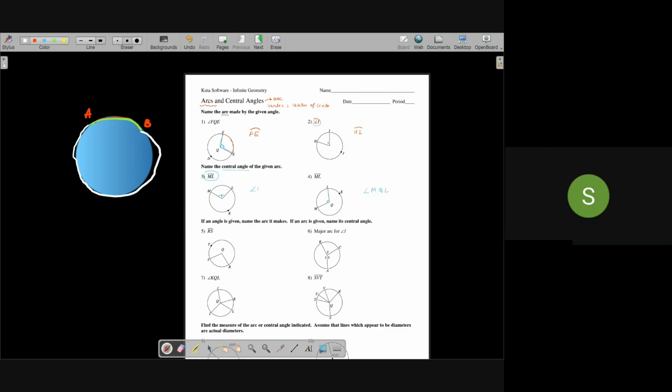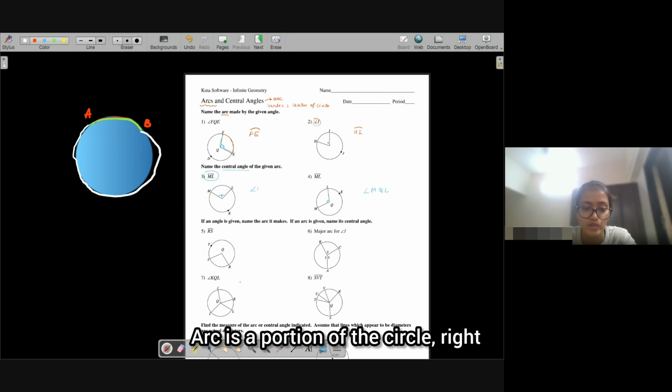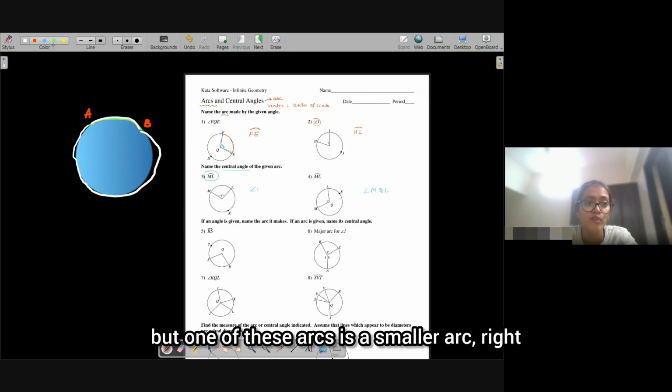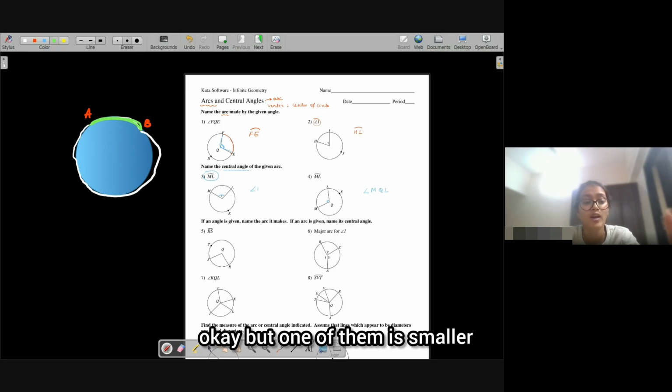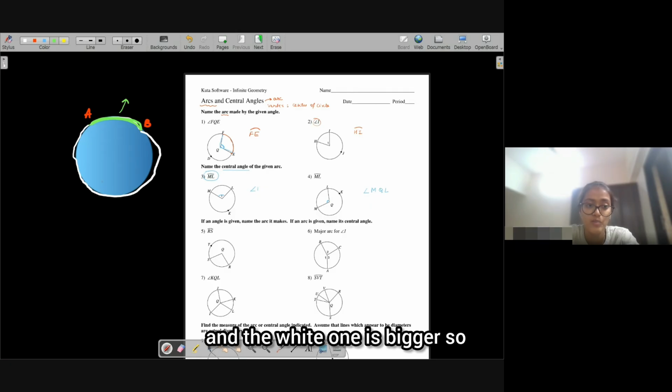But why? Because what is an arc? An arc is a portion of the circle, right? So I can take this portion or the other portion. But one of these arcs is smaller. Both of them have the name AB, but one of them is smaller and one of them is bigger. The green one is smaller and the white one is bigger.